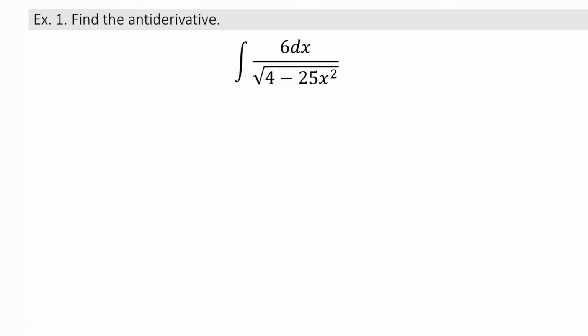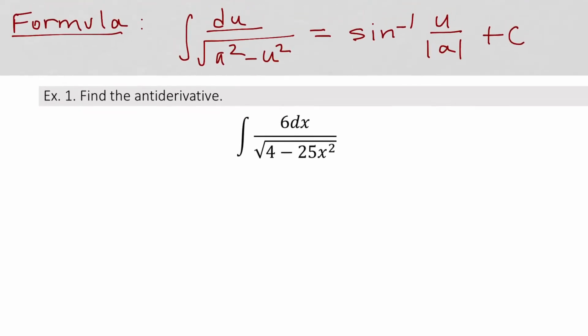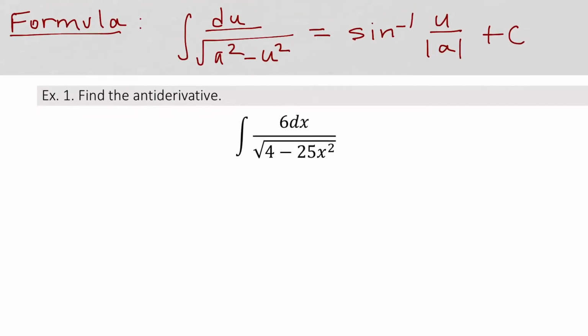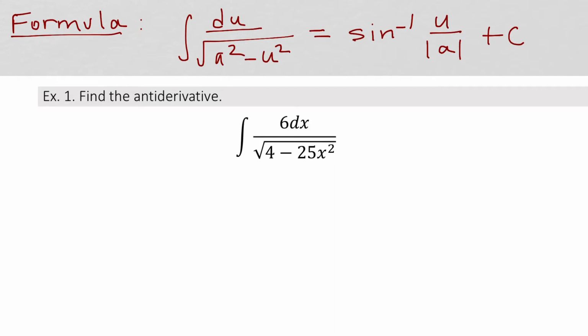So example 1, my integral looks like this, which is the form of the inverse sine. Looking at my integral, I see the radical in the denominator, the constant squared, and the x term squared. I know I'm going to end up with an inverse sine.